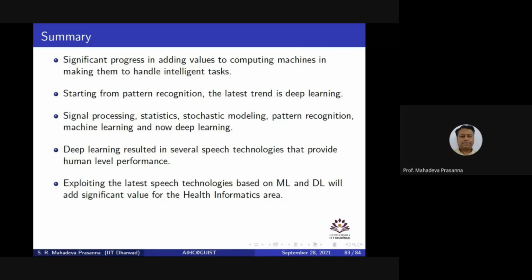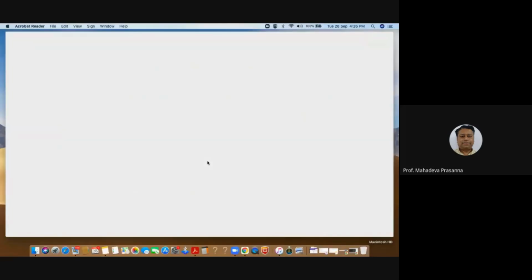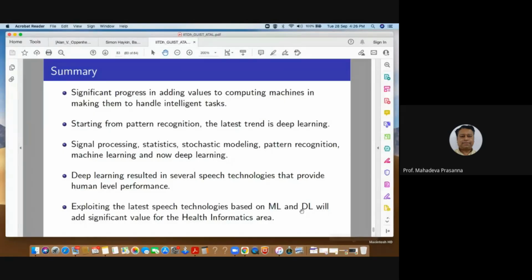So we can indeed exploit machine learning and deep learning, which will definitely add significant value to the health informatics area. Of course, the challenges are there in terms of limited data, and we should see how to circumvent that. But we have a framework which can give significantly better performance compared to the earlier approaches. I think with that, I will stop here.